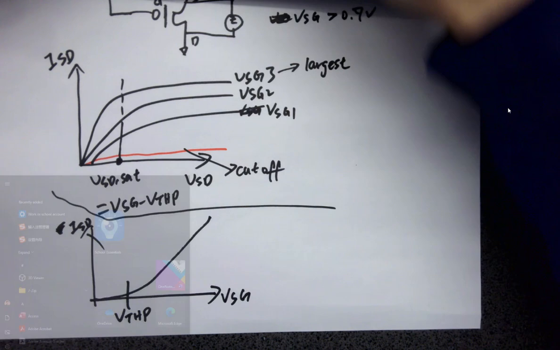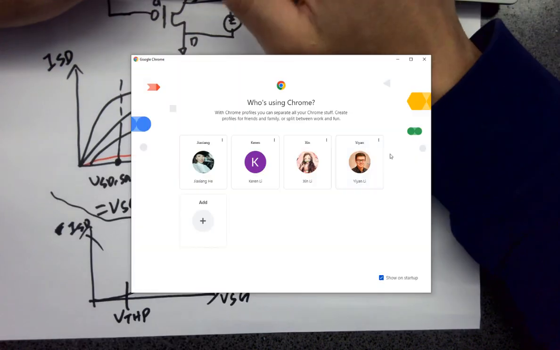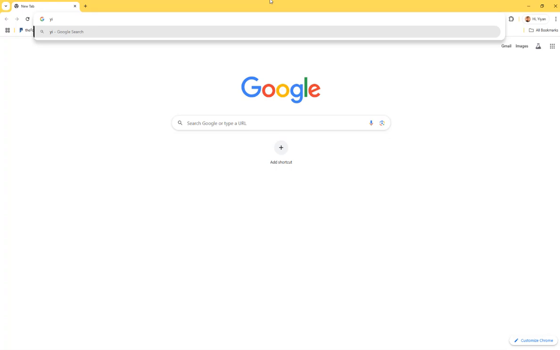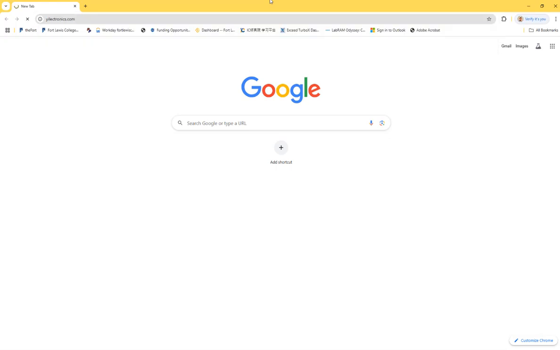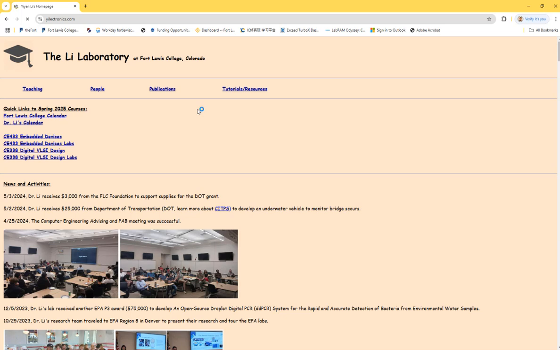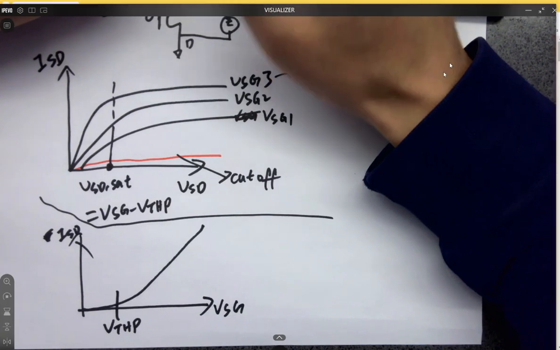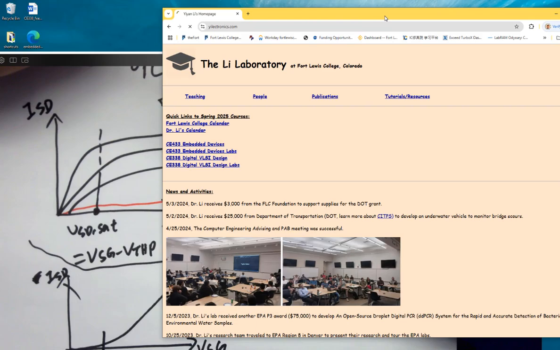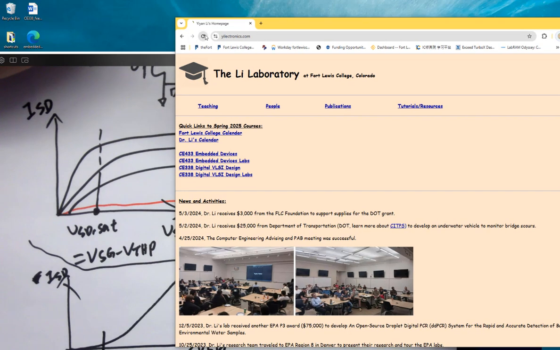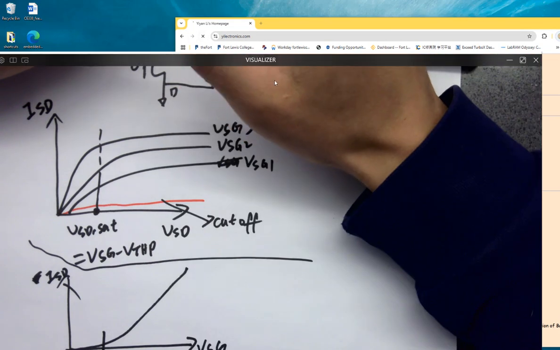Let's take a look at it real quick. So when you are working on the lab this Thursday, you'll see curves slightly different from the one I drew on the paper. For some reason it's kind of slow.